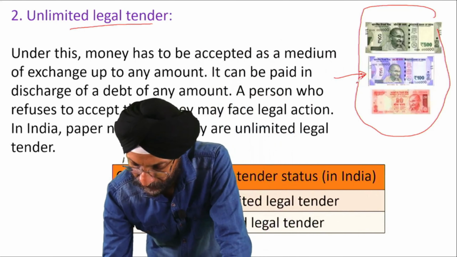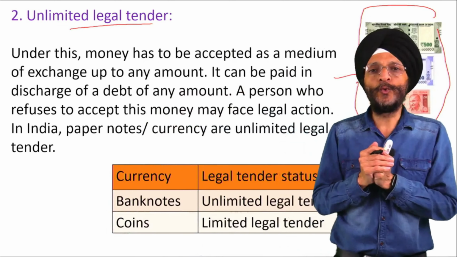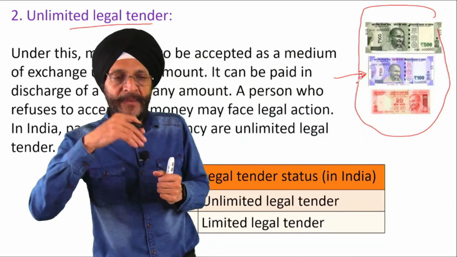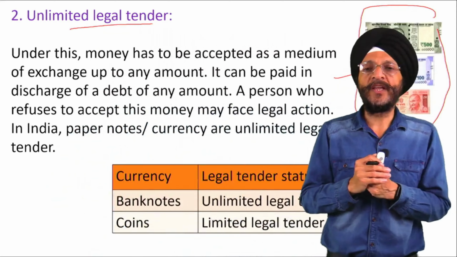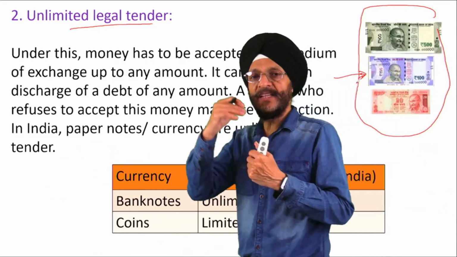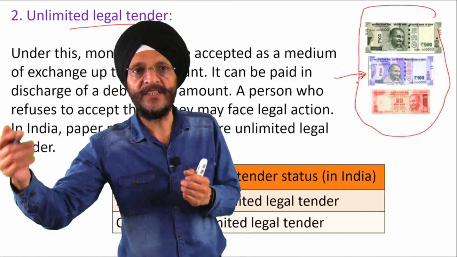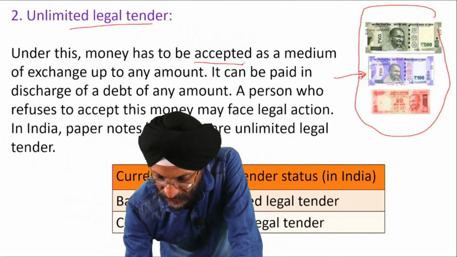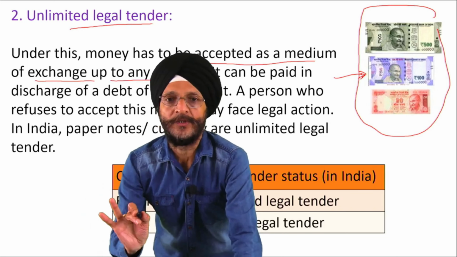unlimited legal tender. In other words, we can use these currency notes to make the payment for goods, or we can avail the services of other persons and make the payment in these currency notes. Under this, money has to be accepted as a medium of exchange up to any amount.